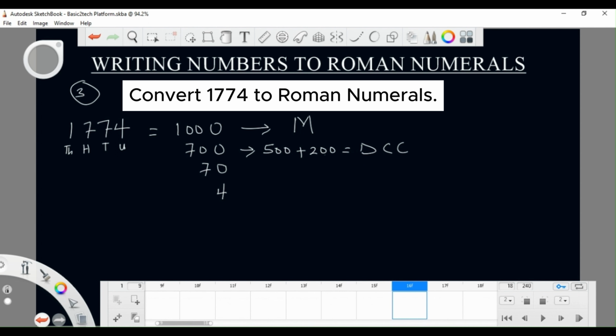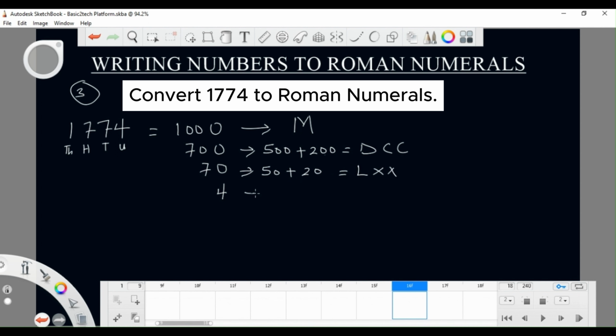If we're adding, the large symbol comes before the small symbol. So for 70, we add 50 plus 20, and you know that 50 is L, 20 is XX.